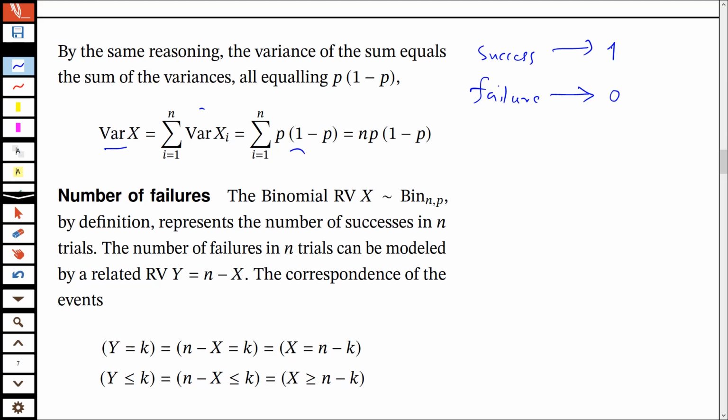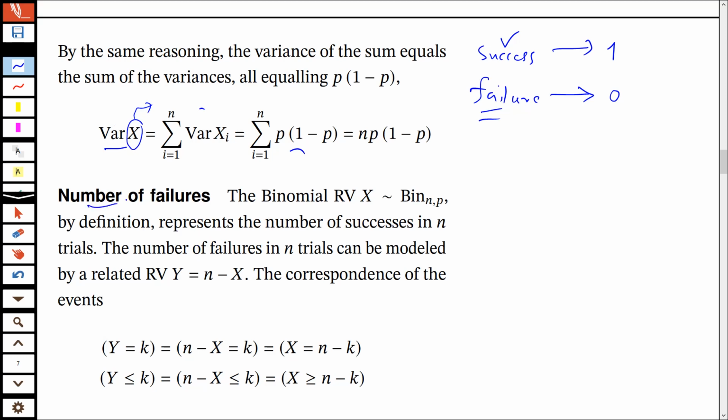So it's up to you. If you encode something by 1, that has to be a success in the language of Bernoulli, even if that is not a success in the real world. So in that language, this X, which was binomial, was the number of successes, or the count of successes.